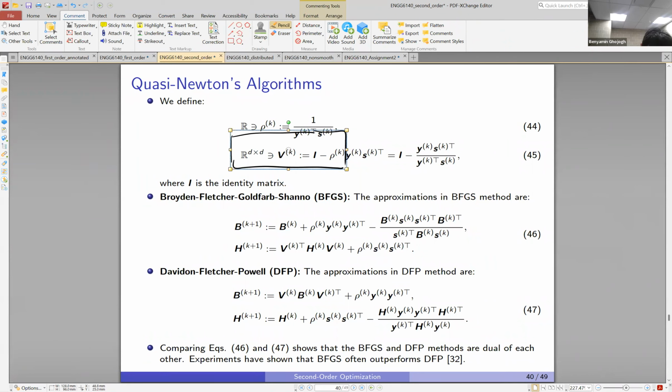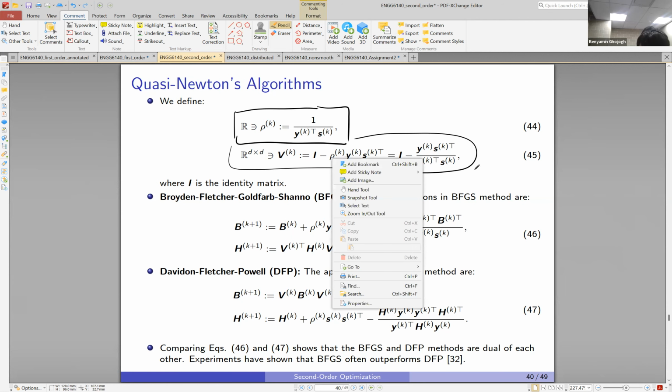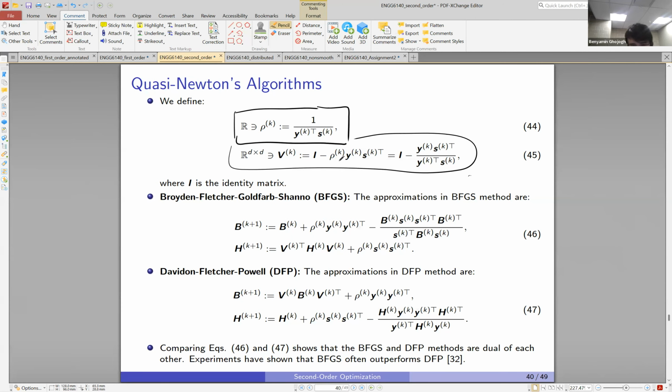And also I define this matrix V_k, which is a D by D matrix. Let it be the identity matrix minus rho k times y_k, again the difference of gradients, times s_k transpose. s_k is the update.